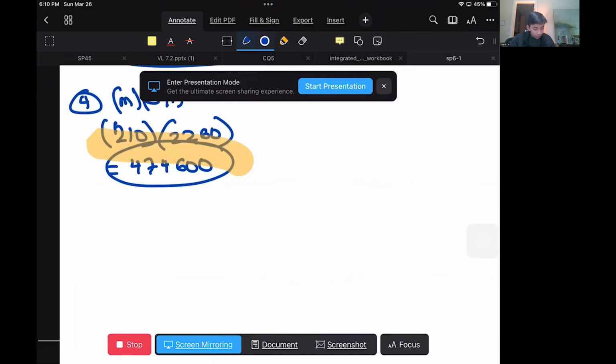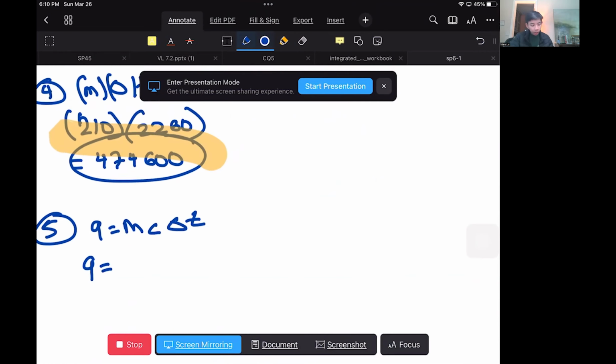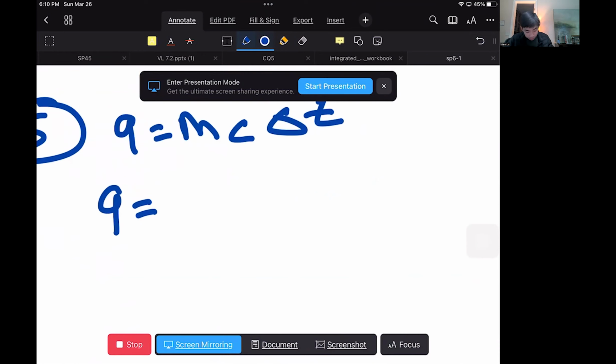Number 5: you have to raise it to 155 degrees Celsius. This is the same thing as Q equals MC delta T, because we're just raising temperature. Q is what we're trying to find. M is the same as always, 210 grams. C, now we changed the specific heat from water to steam. Specifically, the steam is going to be 2.02.